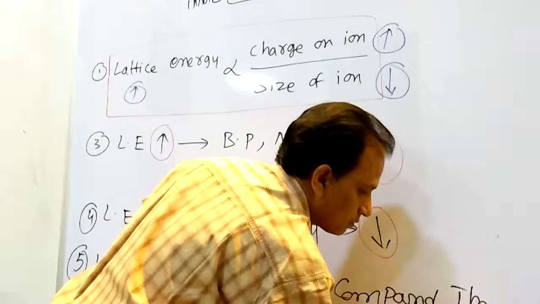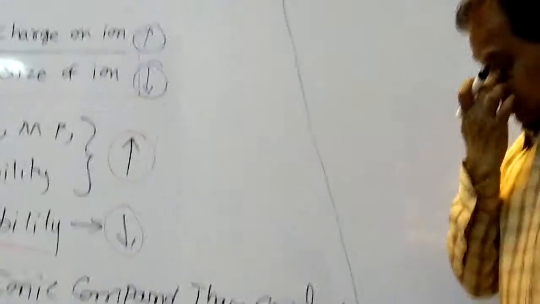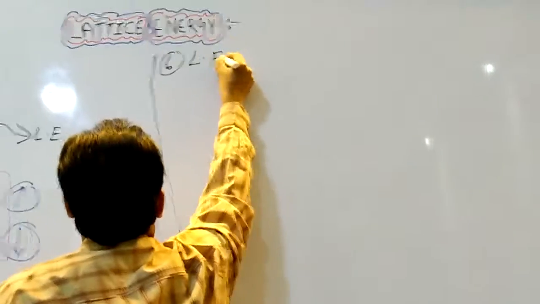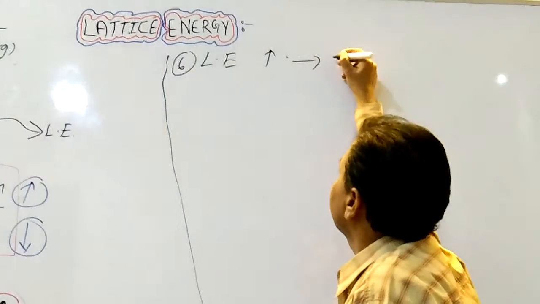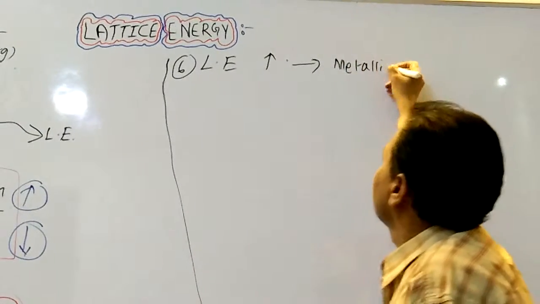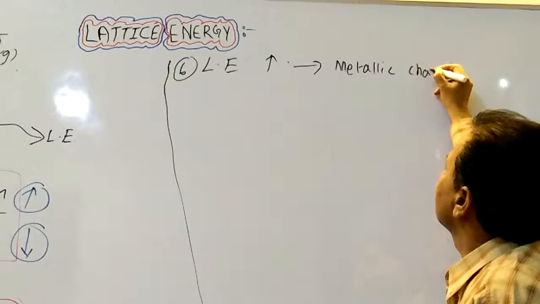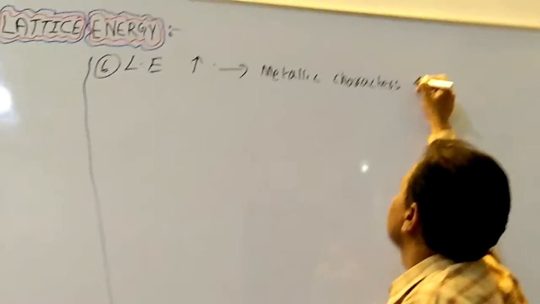Then covalent. Okay. Next. Lattice energy increases as metallic character increases.